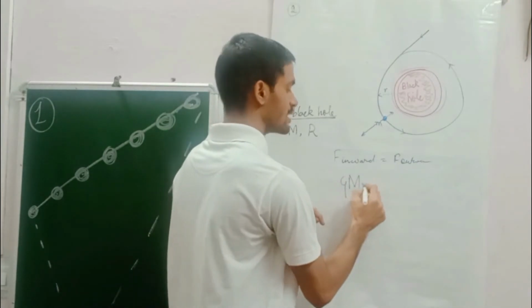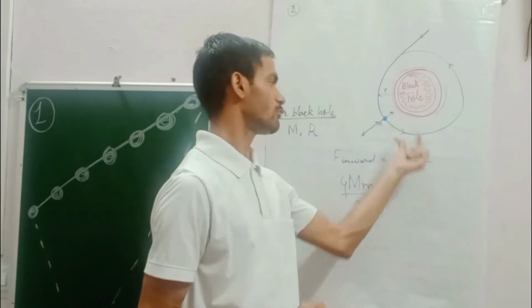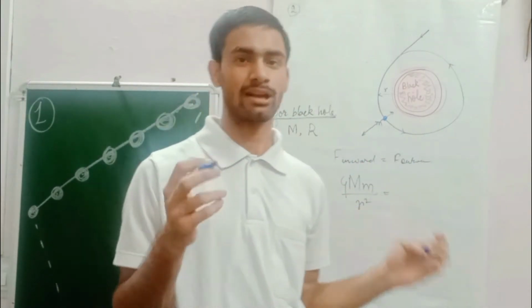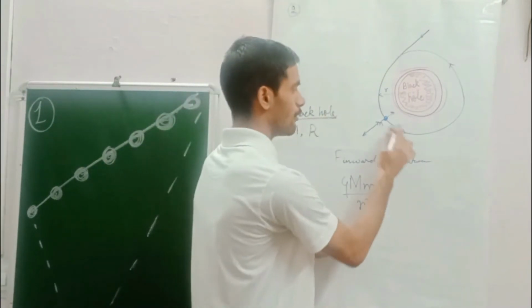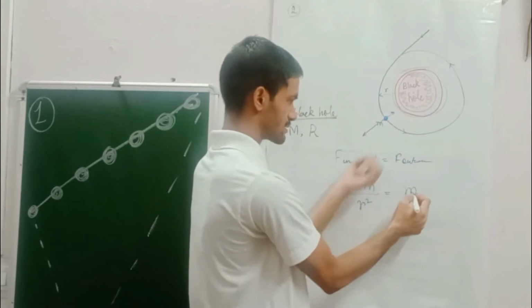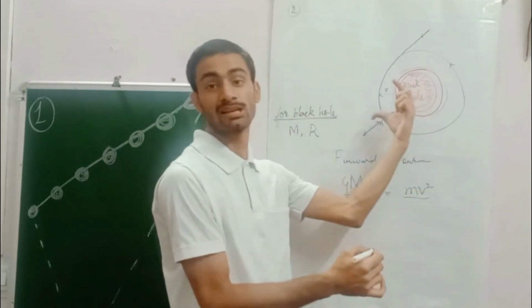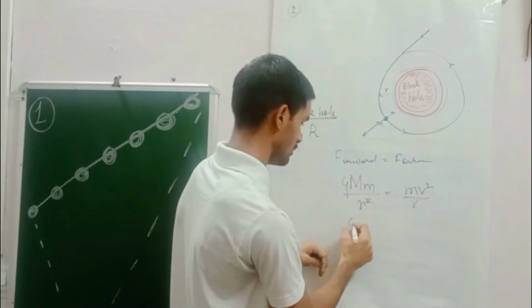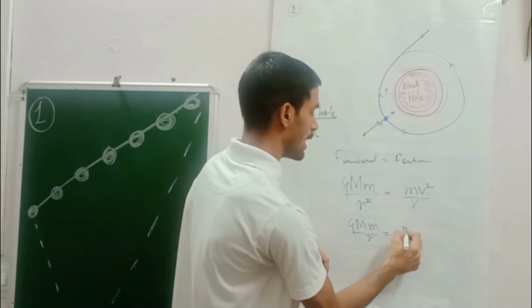G capital M small m upon r square, small r square, is equal to the force outward, that is the centripetal force that a body experiences when it moves around. You would have experienced it. What's that? It's mass into velocity square upon the distance from the center r, which in turn turns out to be G M m upon r equal to m v square.